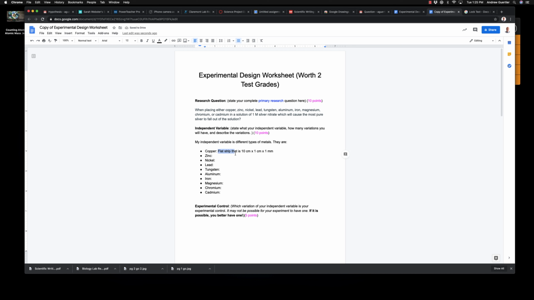Now, we should know that we only want to have one independent variable, so this needs to be constant. So these all need to be flat strips that are the same.